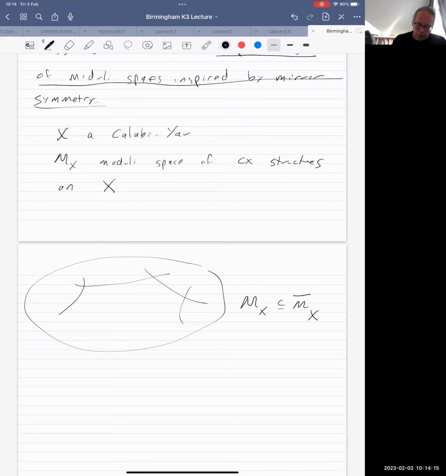Now, the most important points for mirror symmetry are certain deepest strata of the boundary. There's a rather long and technical definition of the deepest strata we consider, called large complex structure limit points.